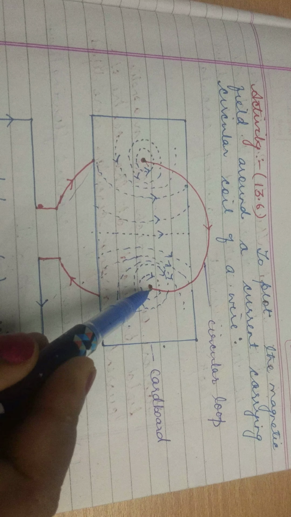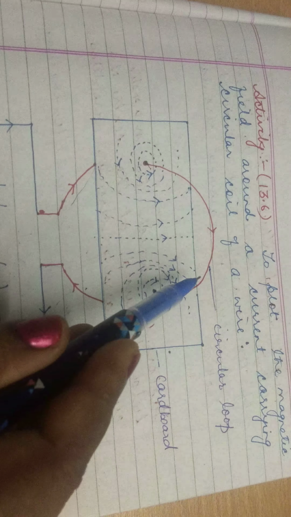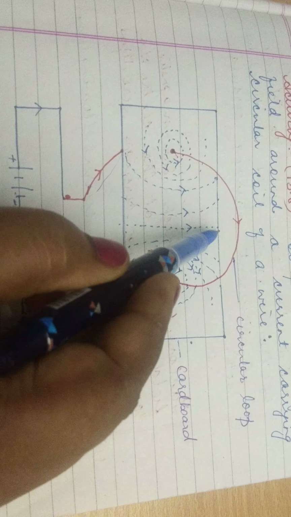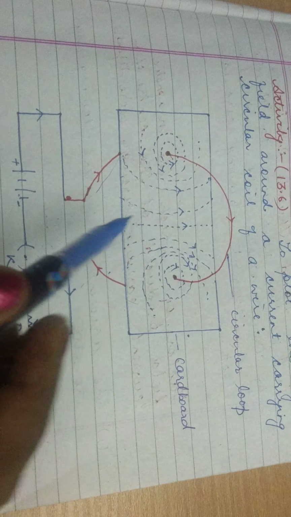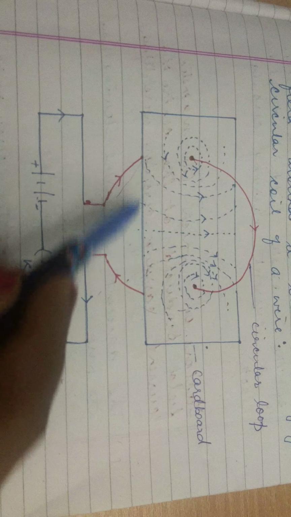You can see from the figure itself that near the loop it is smaller, and as we move away from the wire, the size of the concentric circles becomes larger and larger. And at the center, what do you observe? That the field lines become perpendicular to the plane of the coil.